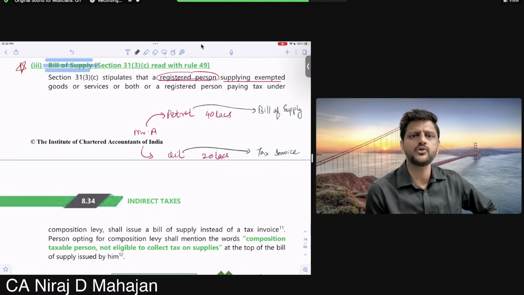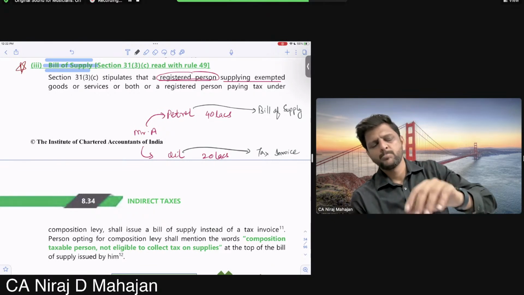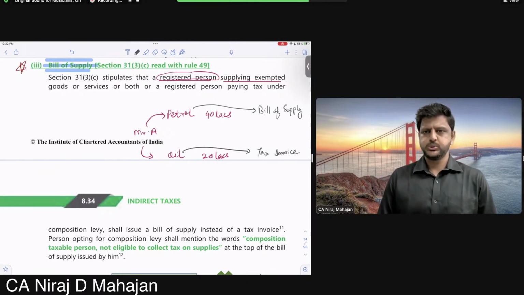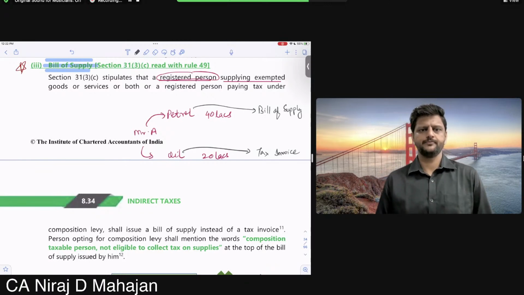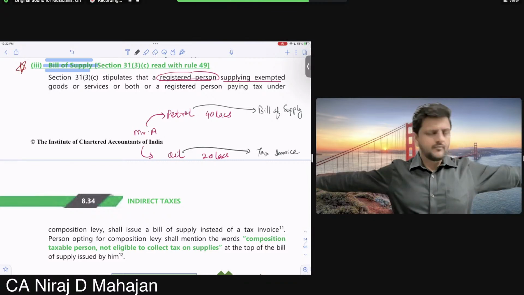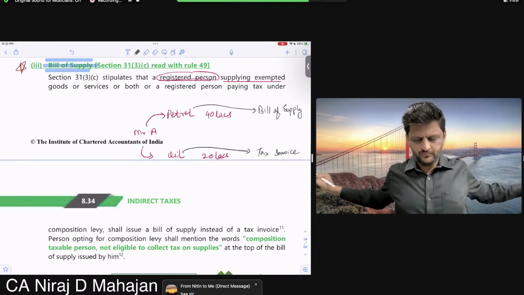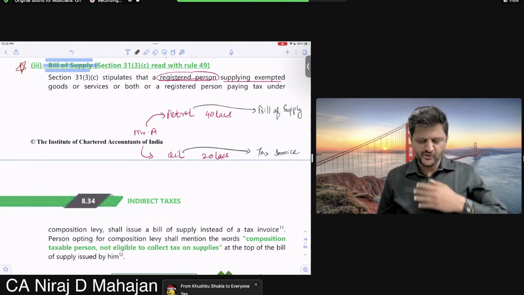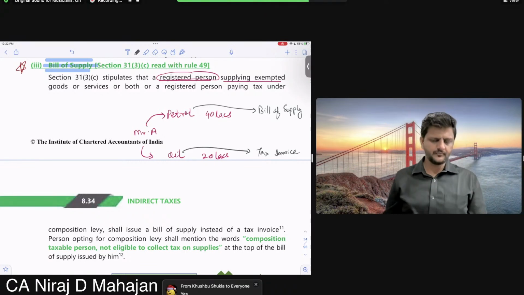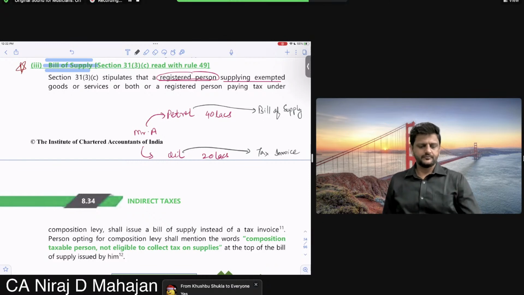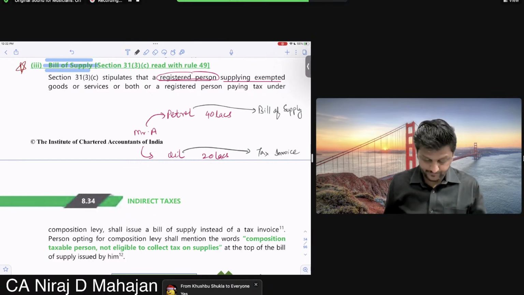Understood or no? Not a GST item, ना. Understood everybody? बोलो. We'll do some question answer after this concept.